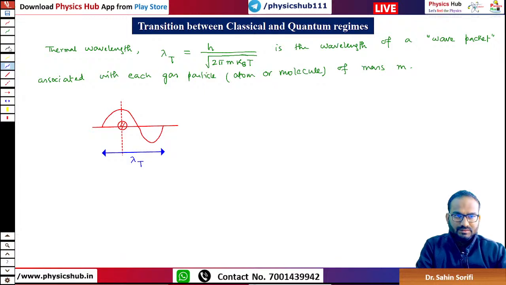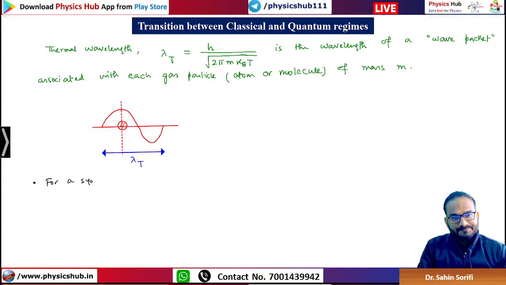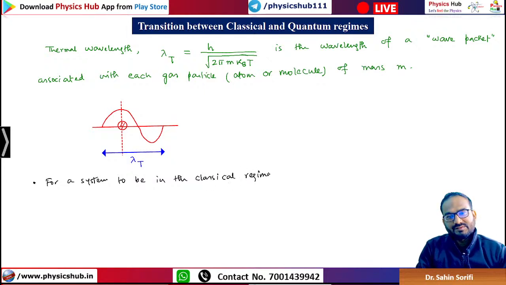Now, depending on how the particles are distributed, how close two particles are to each other, we can define the classical and quantum regime. For a system to be in the classical regime, the particles are well separated.